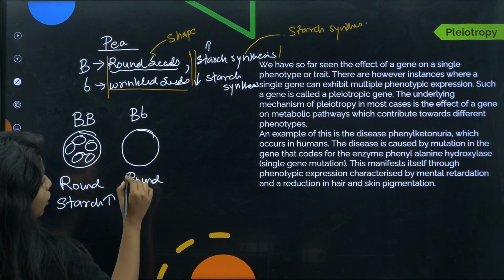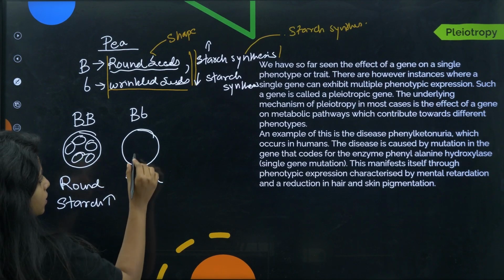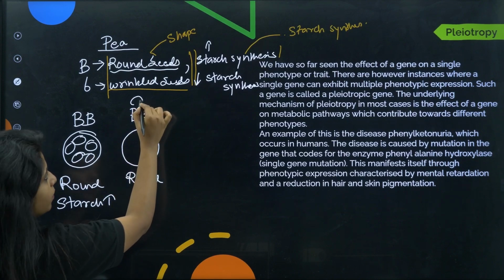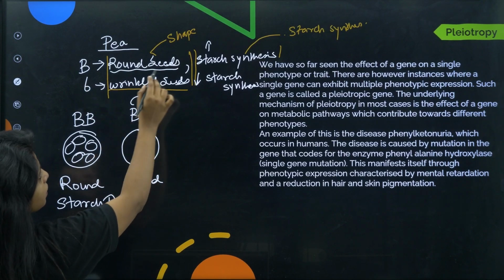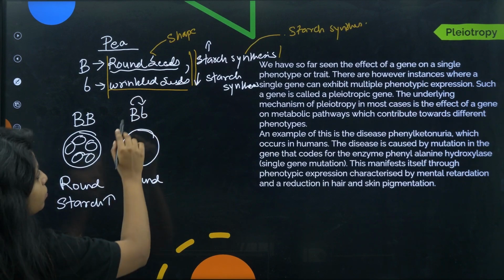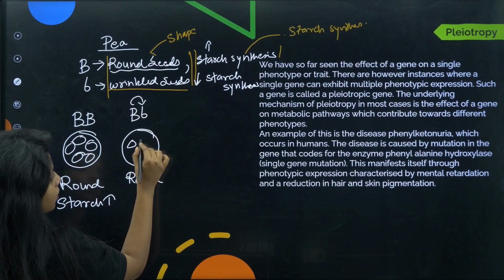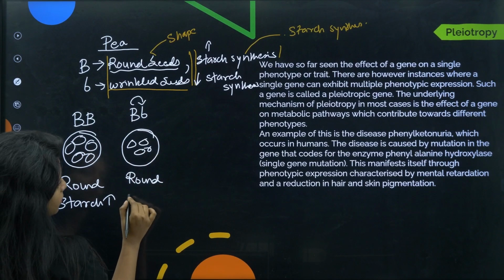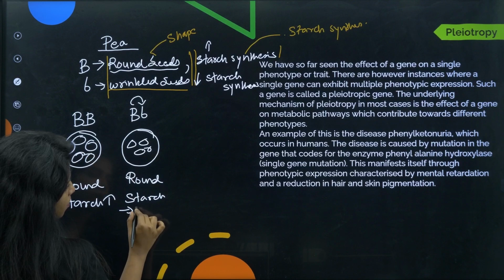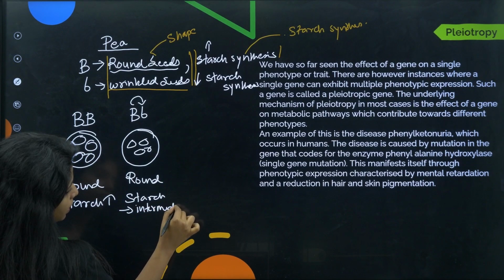But if you talk about starch synthesis, since it is also handled by this gene only, and there is only one capital B, starch synthesis is intermediate, at an intermediate level.